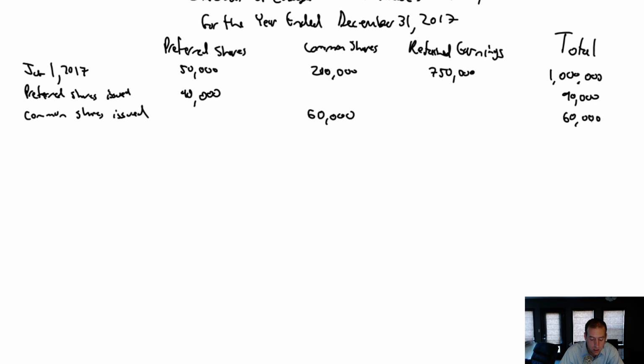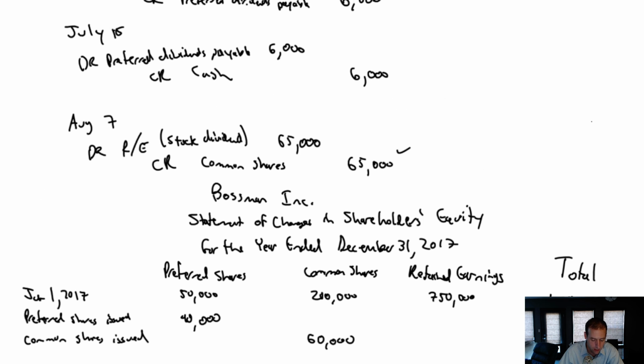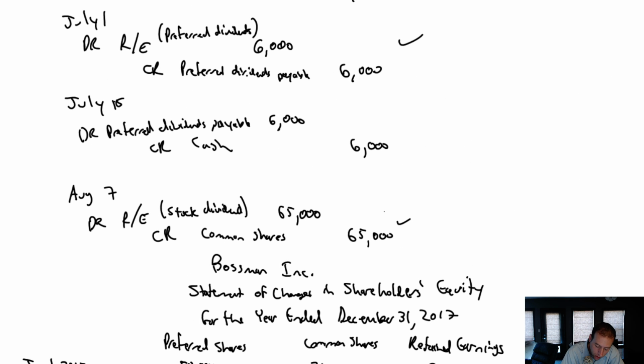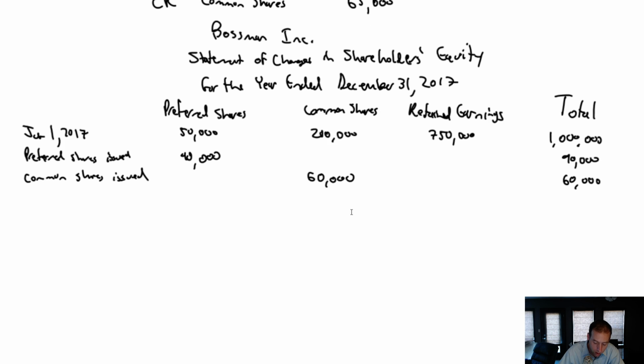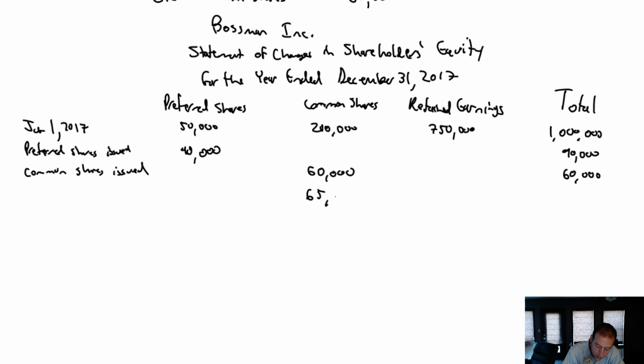We also issued common shares in the form of our common dividend, right, where we had a stock dividend. And that was on August 7th. You can see we went debit retained earnings, stock dividend $65,000, credit common shares $65,000. Well, there's 65,000 more common shares in the world because of that transaction. So the stock dividend made our common shares go up by 65.